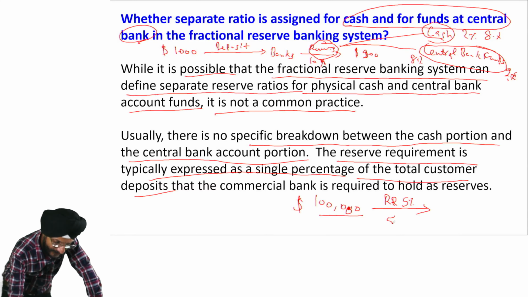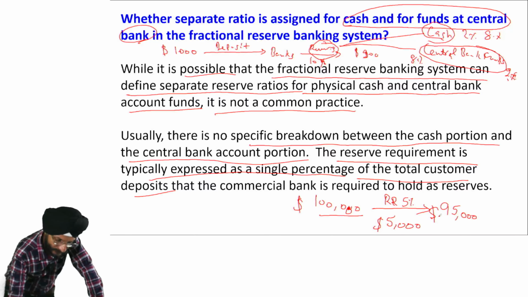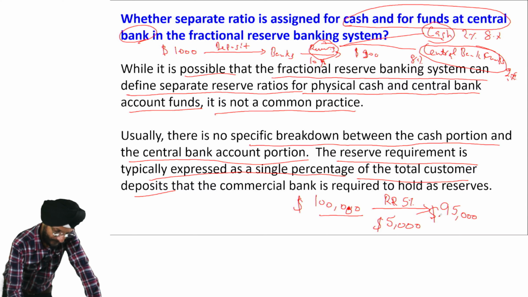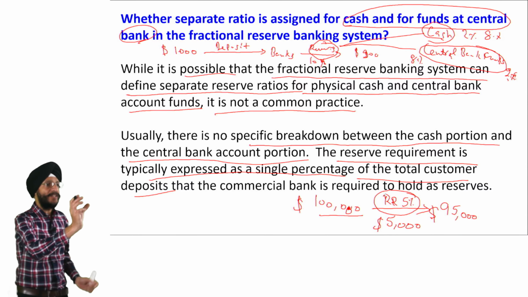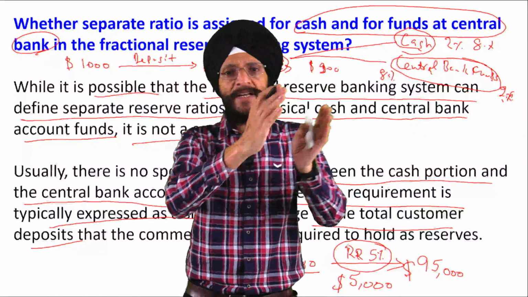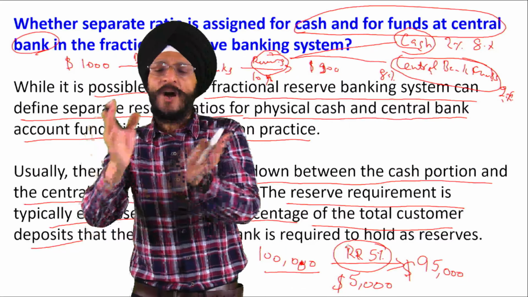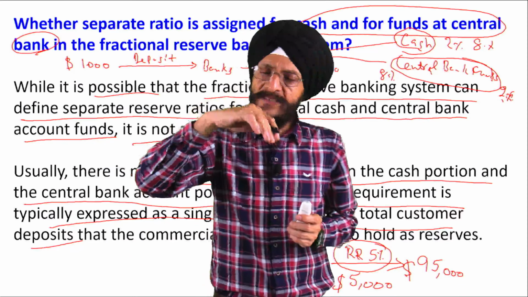Now the bank will keep only $5,000 as reserves, and they will be in a position to lend out $95,000. So here the reserve requirement is expressed only as a percentage of the total customer deposit. It usually does not break down how much is to be kept in cash and how much in the central bank's accounts.